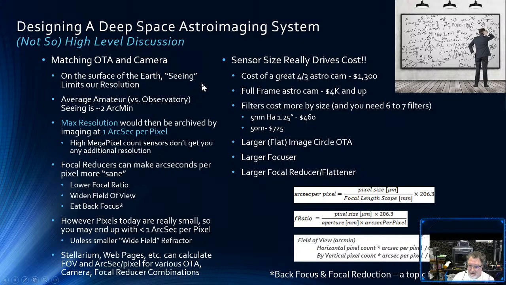Then comes the more technical stuff, getting down to arc seconds per pixel. I just want to bounce back for a minute. We talked about how, on the surface of the Earth, as opposed to the Hubble Space Telescope, the roiling of the atmosphere limits our resolution, and seeing is measured in arc seconds.